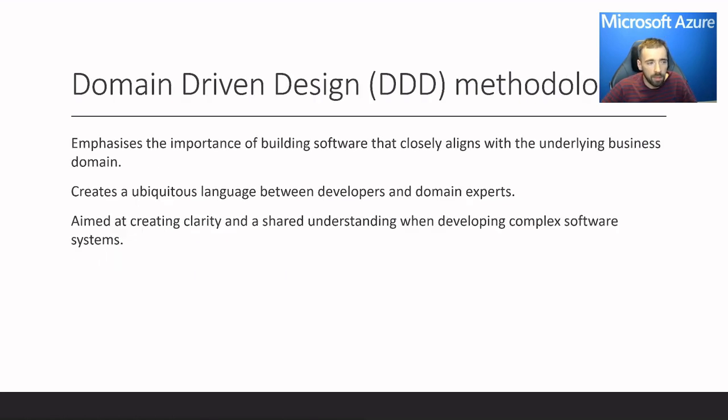We then have domain-driven design, and this emphasises the importance of building software that closely aligns with the underlying business domain. So it puts the domain at the centre of the design of the application and enables us to focus on what is the business problem we're trying to resolve. It also helps ensure ubiquitous language between developers and domain experts.